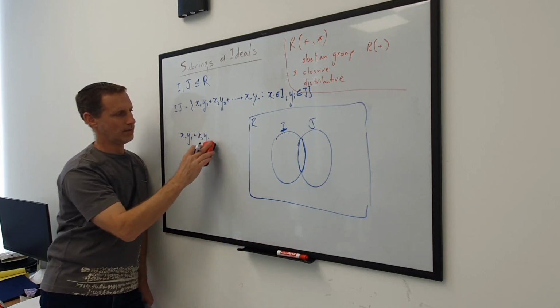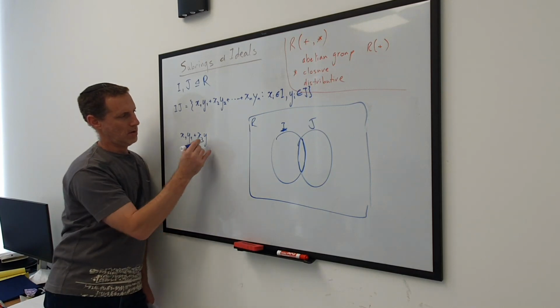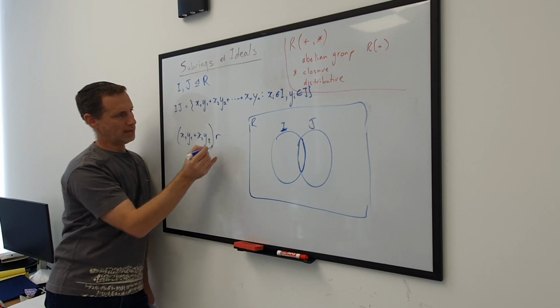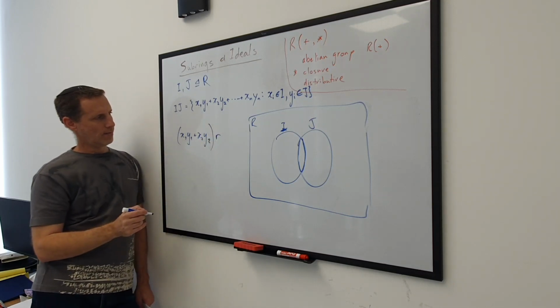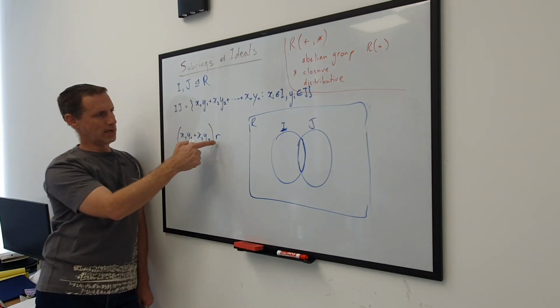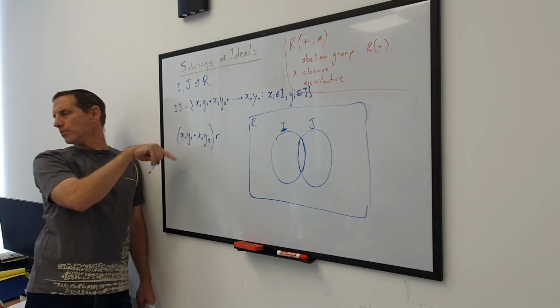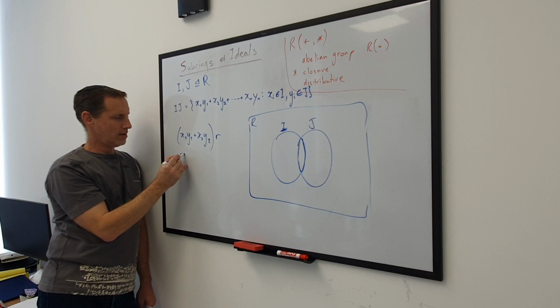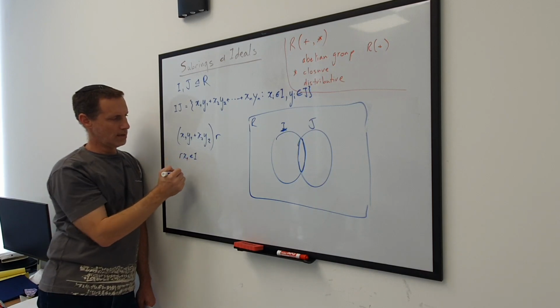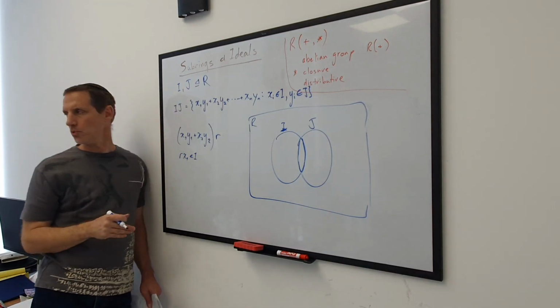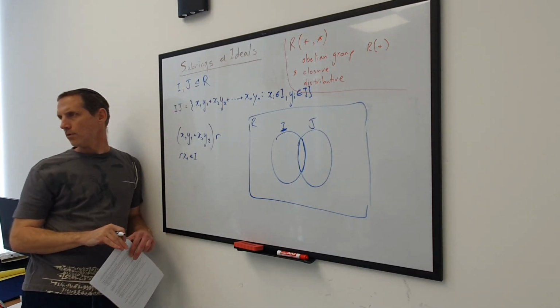We can do it for more, and then I'll multiply this by r. But then I can always take r with x1, for example, and it would still be in I, because r x1 belongs to I, and then again I'll have something in I and J. So it'll just be another member of these. Okay.